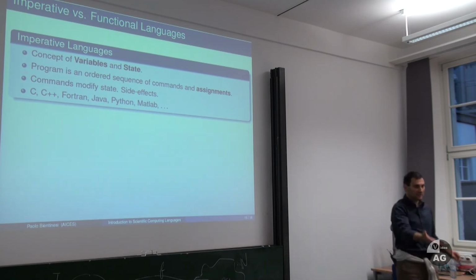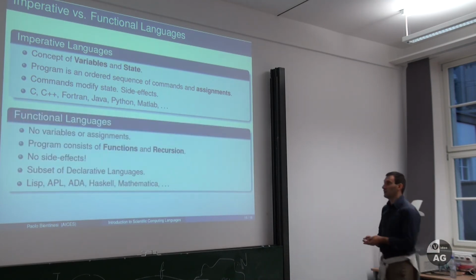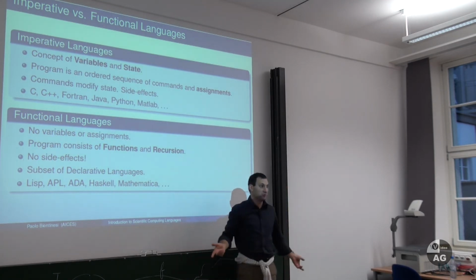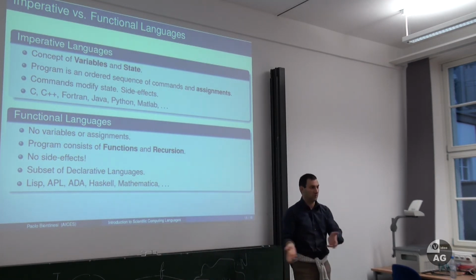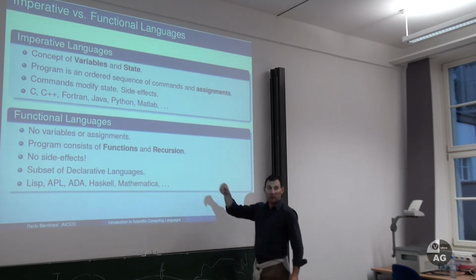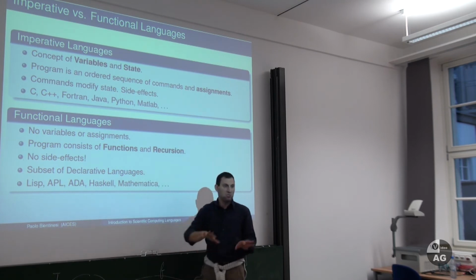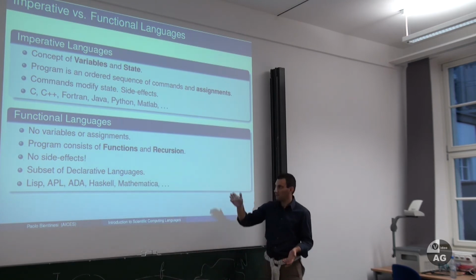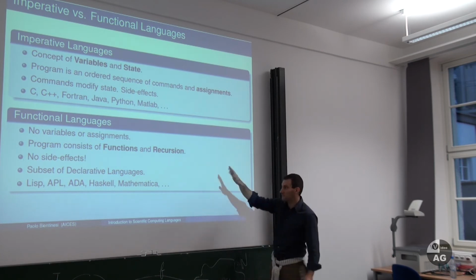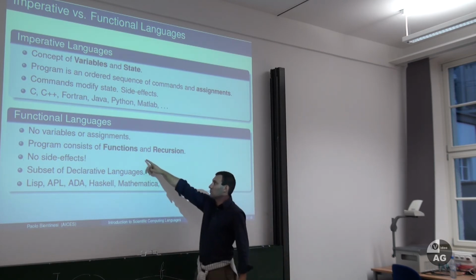Now, let's go to the other side of the fence, functional languages. We start off, we don't have variables. So you don't compute something and store it. You do not assign. Of course, I'm being a little bit extreme. Again, as before, there are objects in the middle, but for now, you don't have assignments.